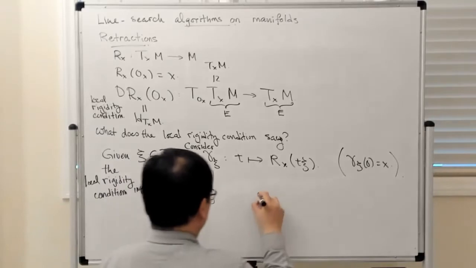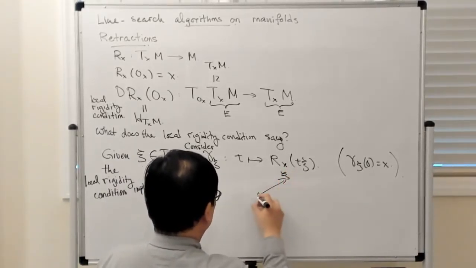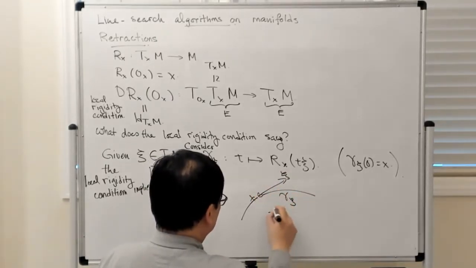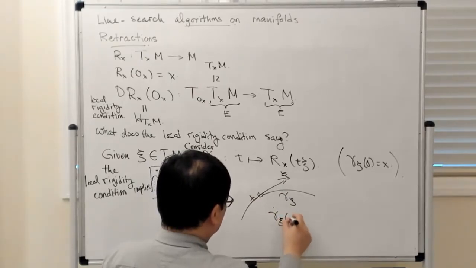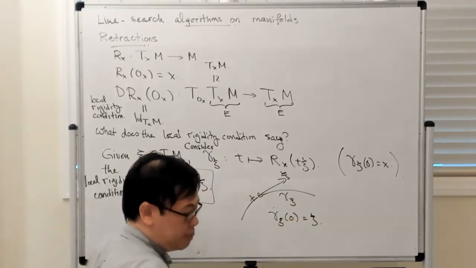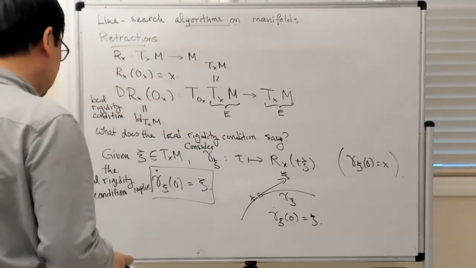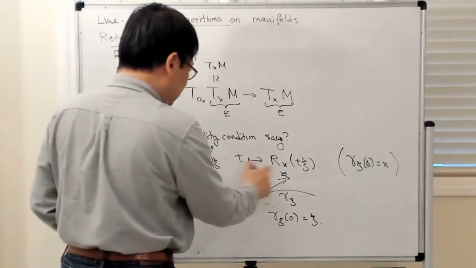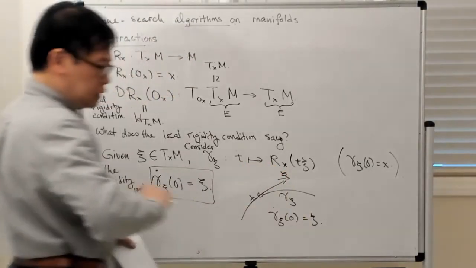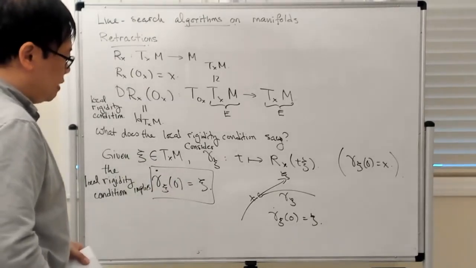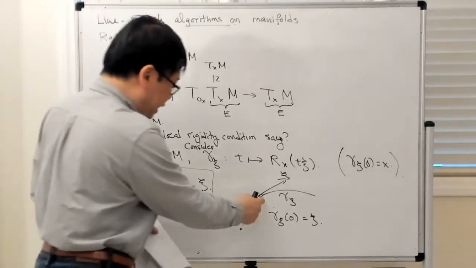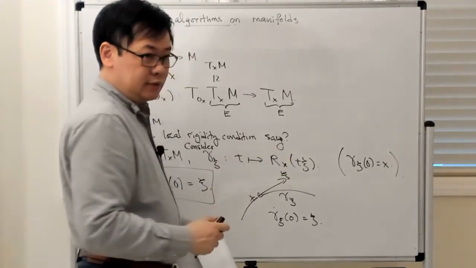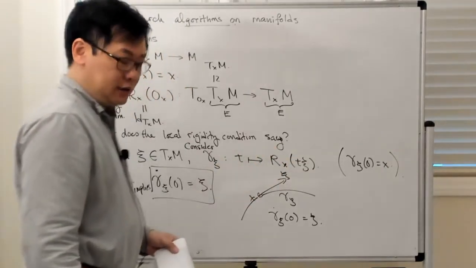So if you have a tangent vector with a base point, you construct this curve, and the derivative of the curve at 0 is actually equal to this vector itself. Okay, so that's what the rigidity condition buys you: you use this retraction to construct this curve gamma, which goes through the point x and has a tangent at time 0 which is actually the vector you started with.